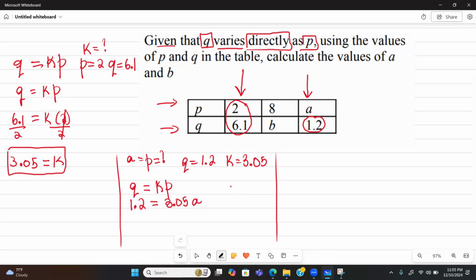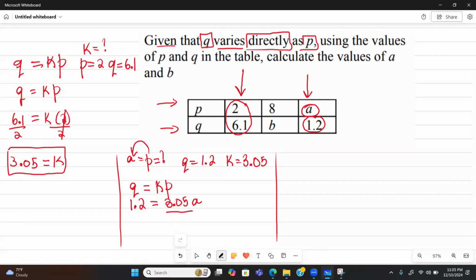So I just replace the p, I put a for it because I'm trying to find the letter a. Basically, this spot is a blank spot. In order to ask me for the p-value, they label it as a. That's all right.